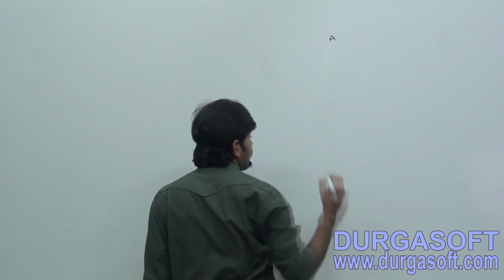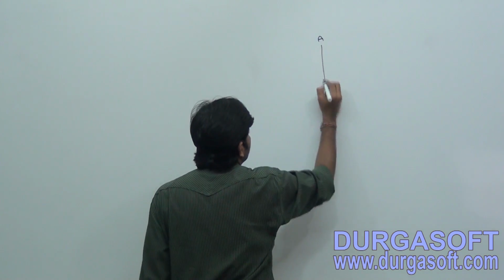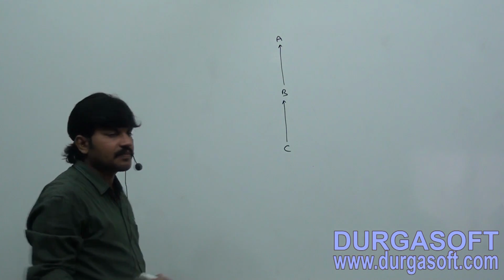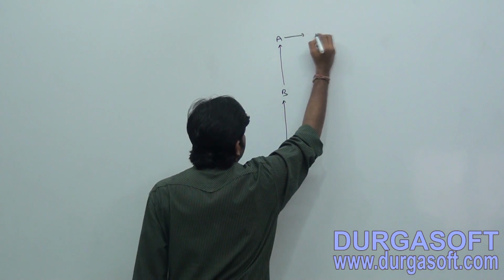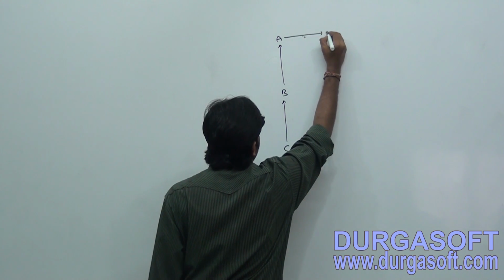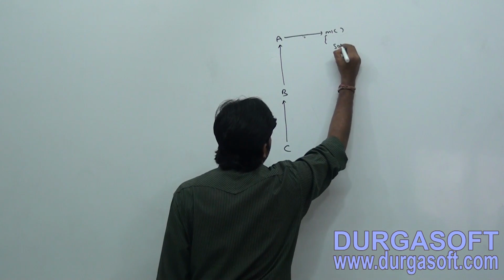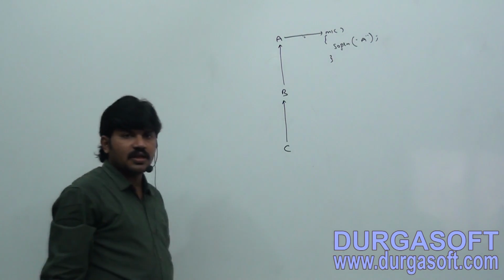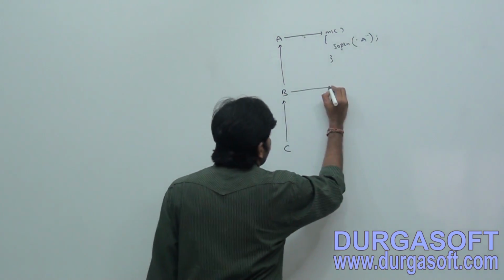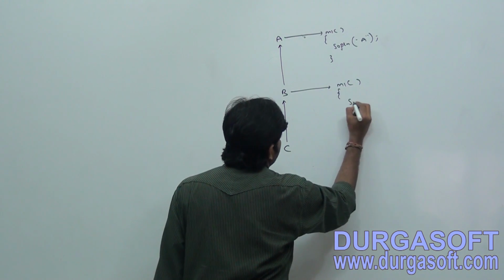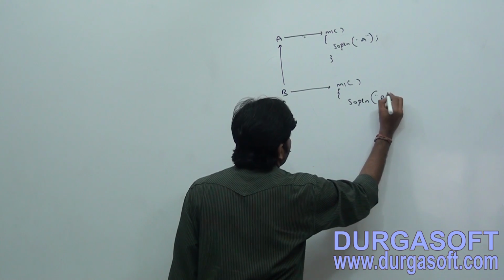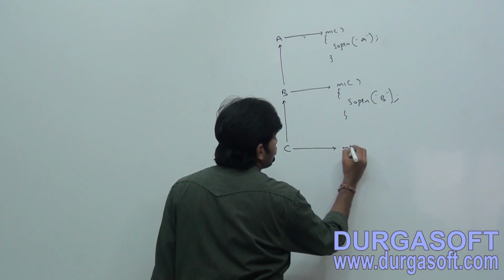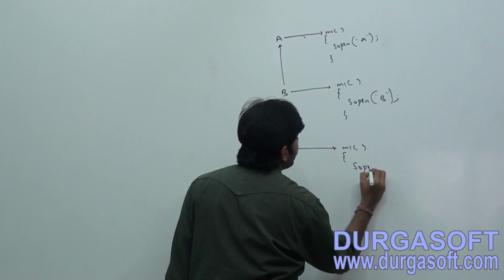Sir, I have A, B and C classes. The A class contains the M1 method, System.out.println of A. The B class contains the M1 method, SOP of B. The C class contains the M1 method, SOP of C.